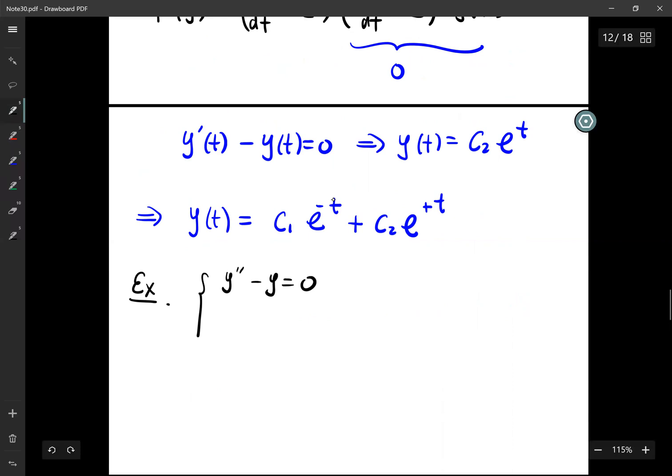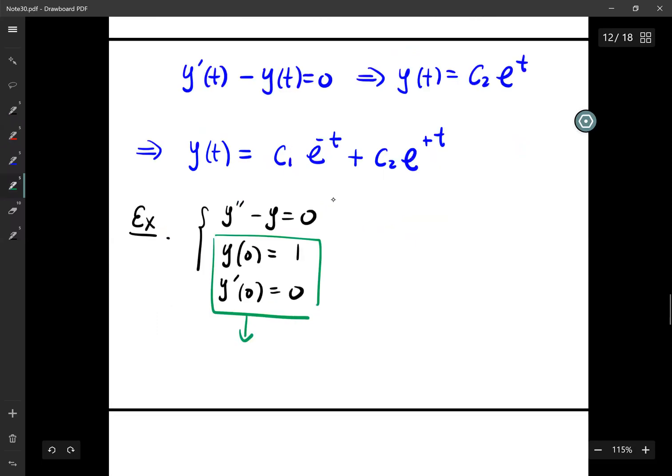Yeah. So I'll ask you to solve this problem. Compared to the example I had earlier, the only new information are these things. These things are called initial conditions. This is really different from linear algebra, because in linear algebra we didn't have a time variable there.